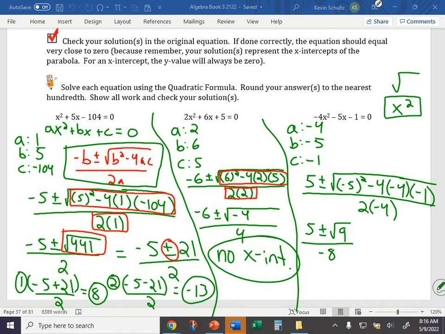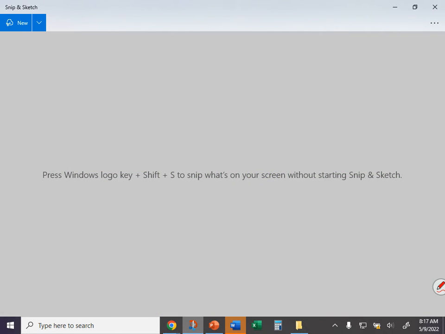So what do you get when you do just that -5 squared minus 4 times -4 times -1? Do that first. Make sure you get it. Anybody else have any calculator questions? What'd you get? 9. Good.